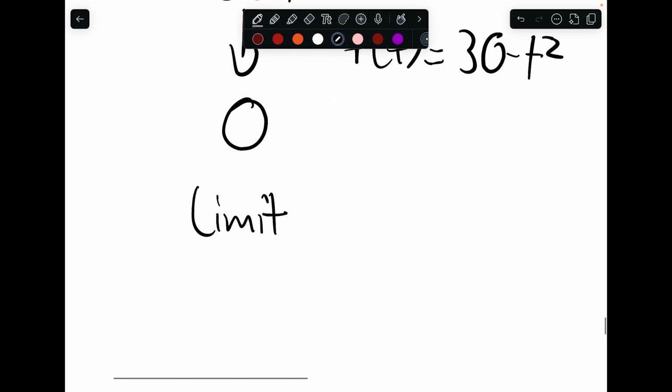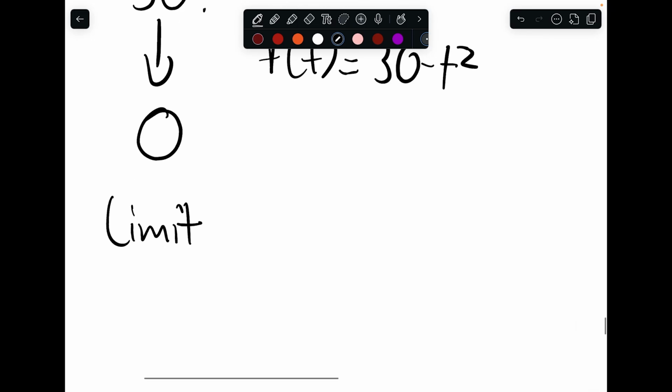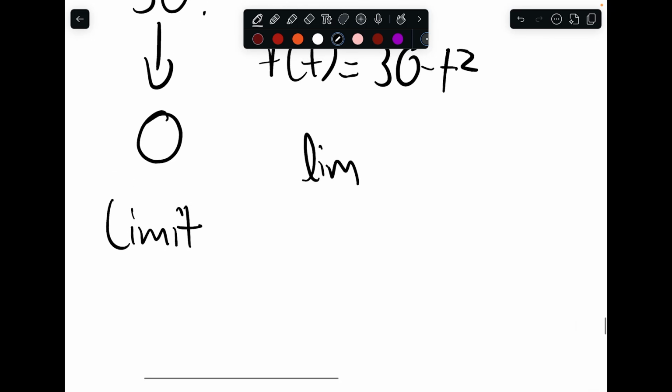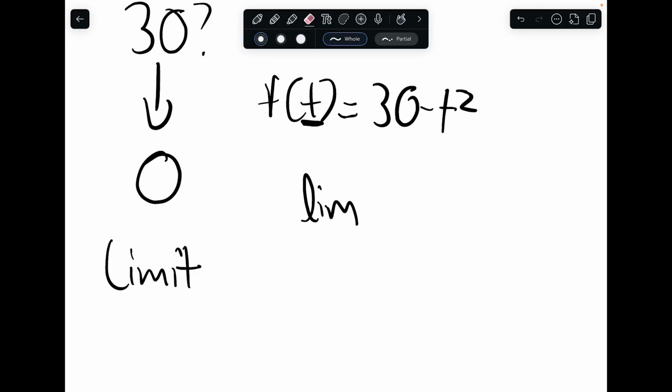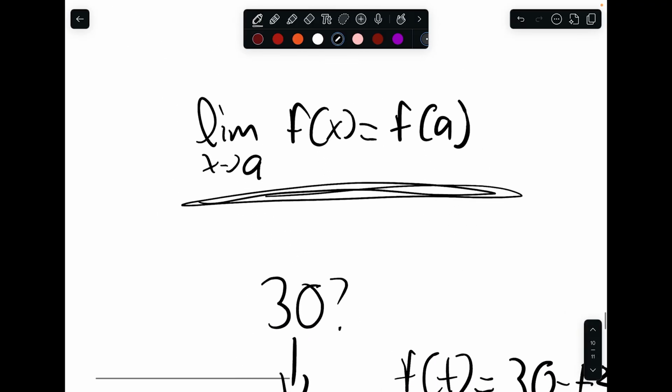So, using the template from before with a limit, you'd write it out like this. Limit, lim, as your variable approaches some number. In this case, it was 5 hours. T approaches 5. And then your function. Like I said before, for most limits, you would simply plug in what your variable approaches, and then you could find out what the limit equals.